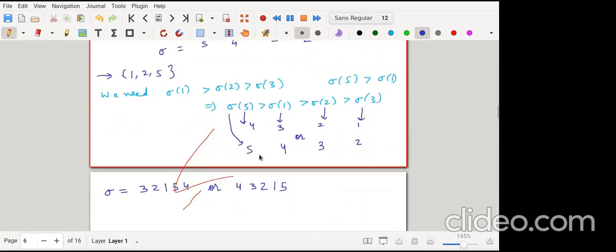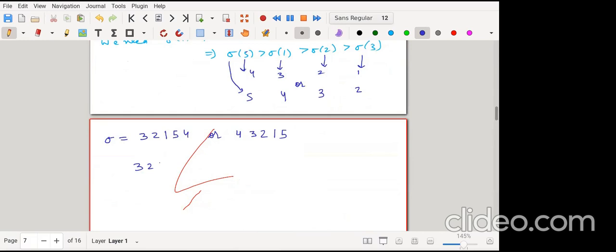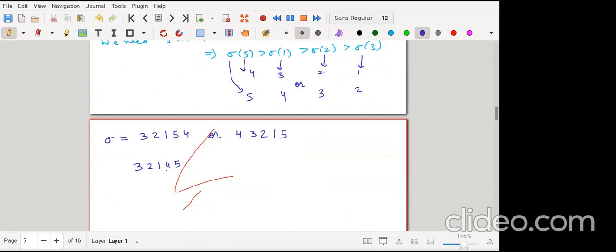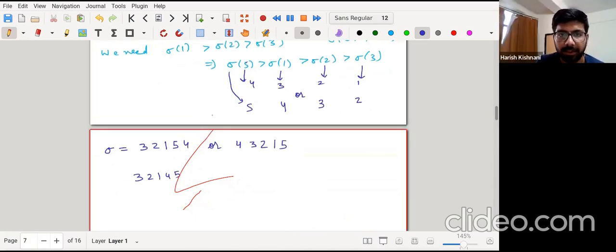3, 2, 1, 4, 5 satisfies it. Can you check? So you are saying 3, 2, 1, 4, 5. So 1, 2, okay, 3 is not there, 4 is not there, 5 is also there. Which means that to satisfy this condition, there is one more choice you can take: 5 here, at the place of 1 you can take 3, 2, 1, right?